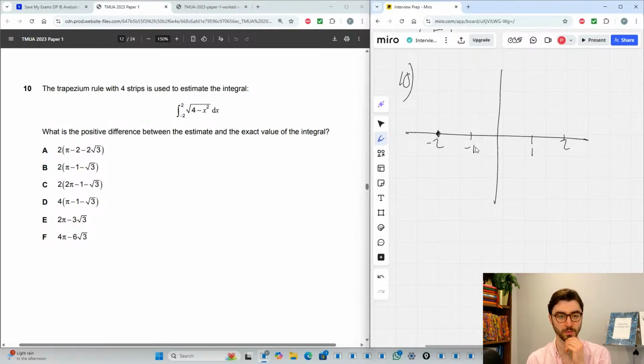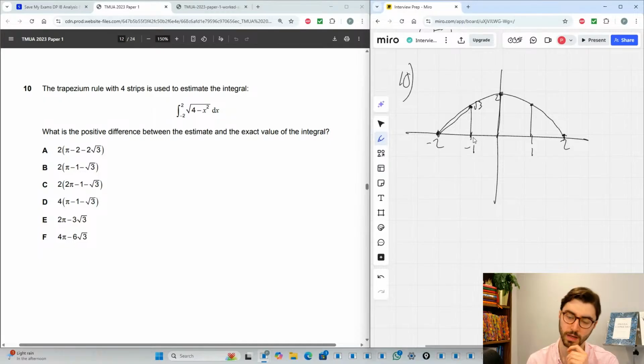When it's minus 1, square that up for 1, it'd be root 3. Then it would be 2, then it would be root 3, then it would be 0.